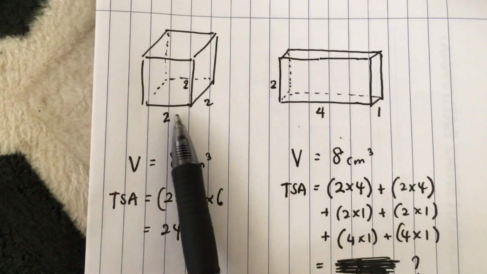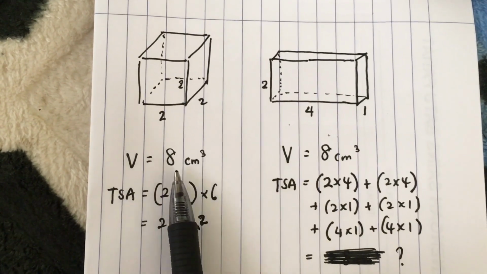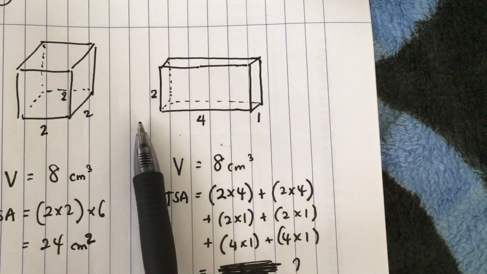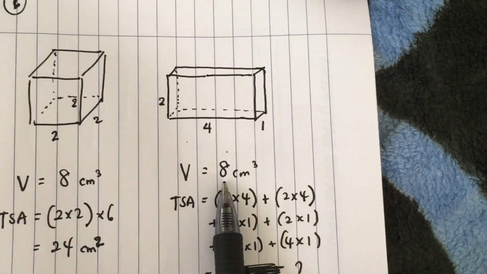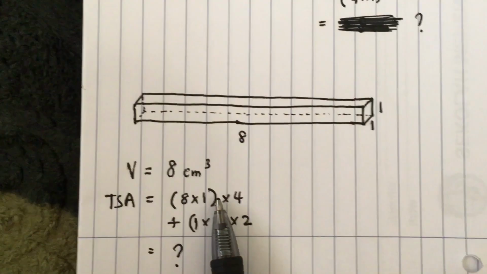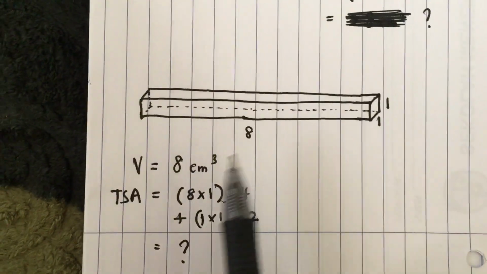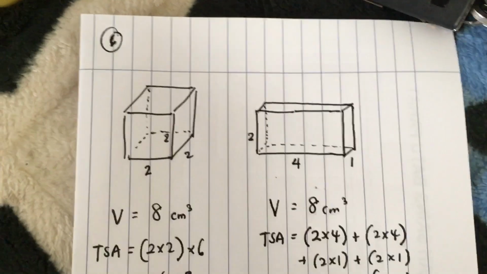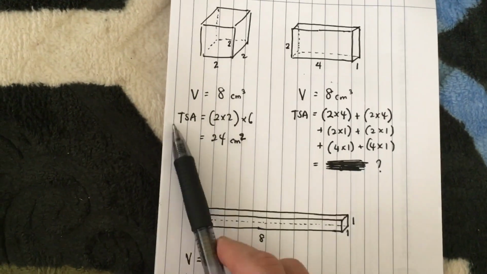Kita tengok 2 kali 2 kali 2, alright, we have 8 cubic centimeters. Okay, over here we have 2 times 4 times 1, we get 8 cubic centimeter. Over here we have 8 times 1 times 1, you get 8 cubic centimeter. But because of the shape, all 3 have different total surface area.